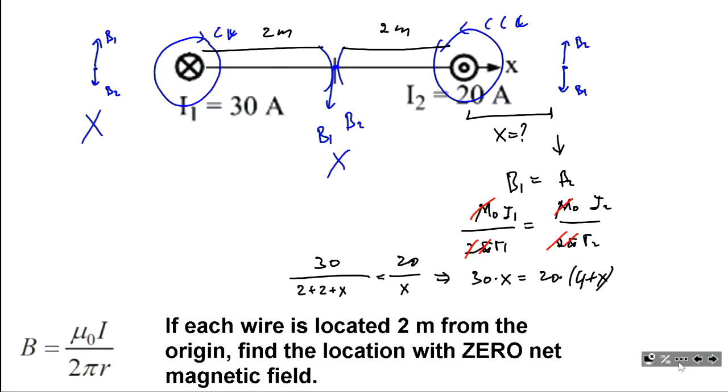So what does it give us? 1.5x equals 4 plus x. 0.5x equals 4. X equals 8 meters. Well, wherever it is. Any questions?